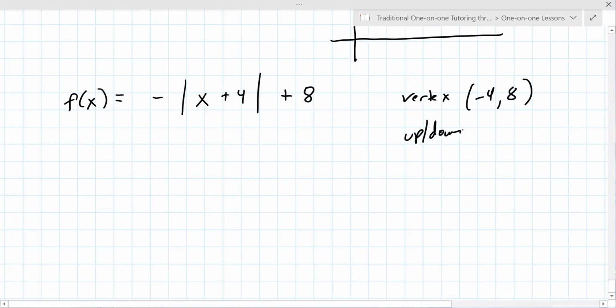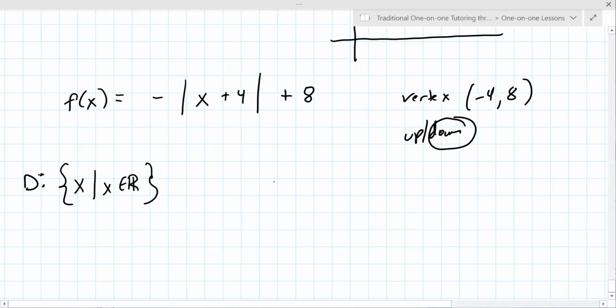This is going to be going down since there's a negative out there. Right. So what is the domain? The domain is going to be y. Domain, not range. Domain is x. I know I only asked you for range in the last one, but domain. That's it, right?